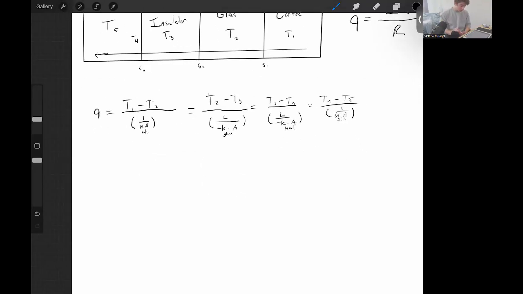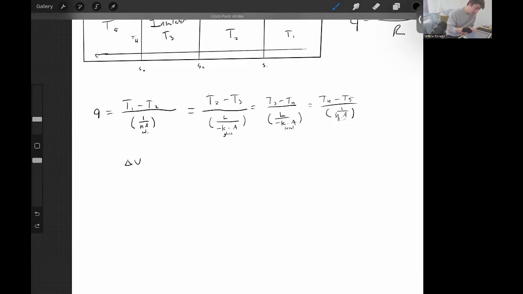Now we're going to say, in a series, if we think about resistance for voltage, when we have a bunch of resistors together, all we do is add the total of the resistances to each other. It looks something like change of voltage equals our total I times R. We're going to do kind of the same thing here.